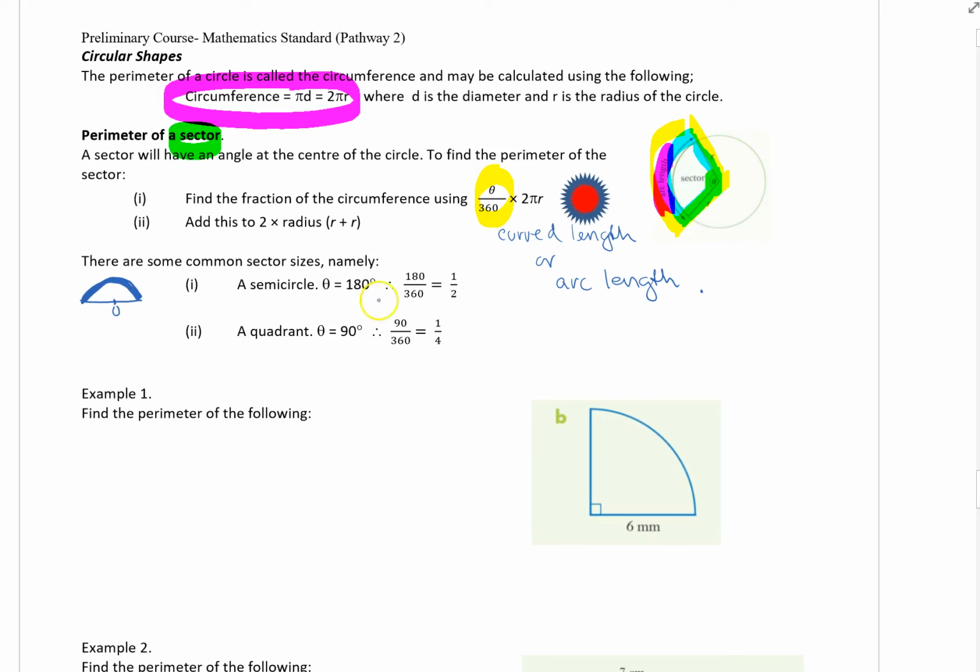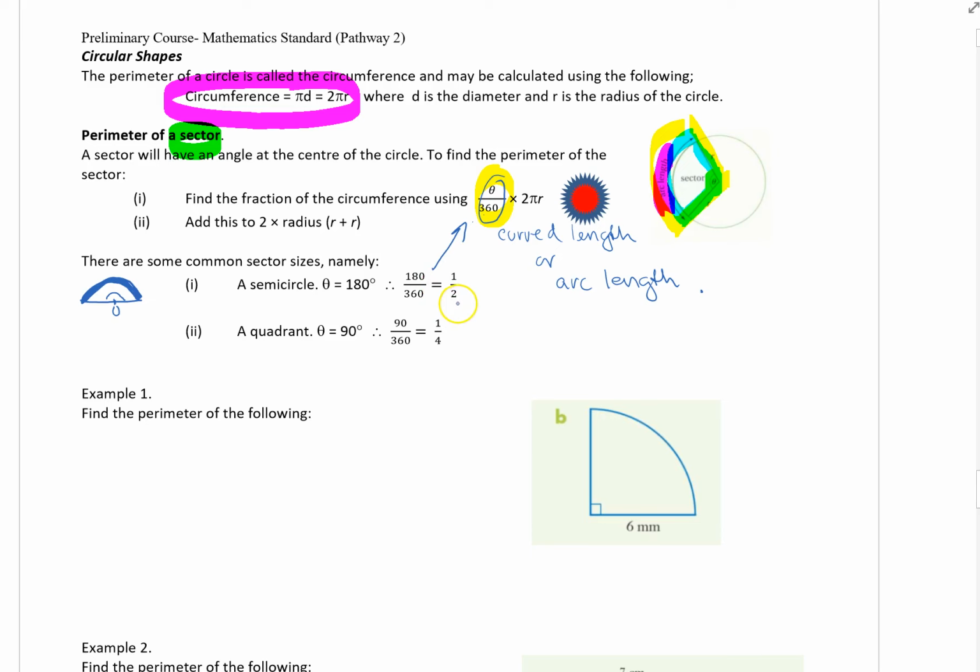You might wonder where that half comes from. It comes from what we said here, which is the angle at the centre, and the angle there is 180 degrees out of your total 360, just like the formula up there says. But 180 over 360, if you take your calculator and use your fraction button, you'll get a half.